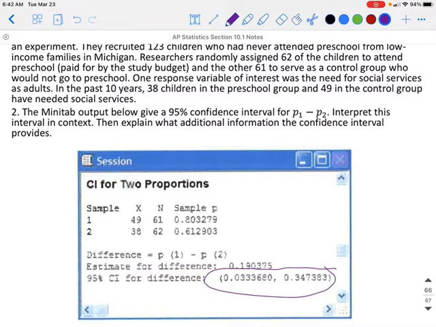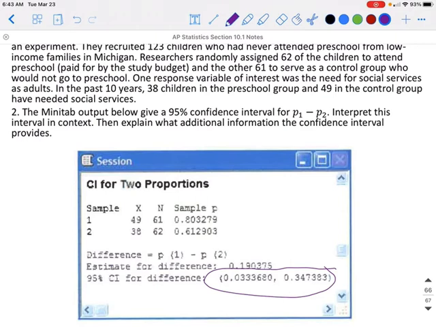So this means we are 95% confident that the interval from 0.033 to 0.345 captures the true difference of non-preschool minus preschool in proportion of children who would need social services later in life. This suggests that between 3.3% and 34.7% more children who did not participate in preschool will need social services later in life than those who did participate in preschool.